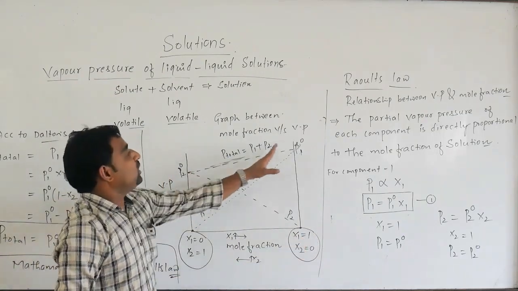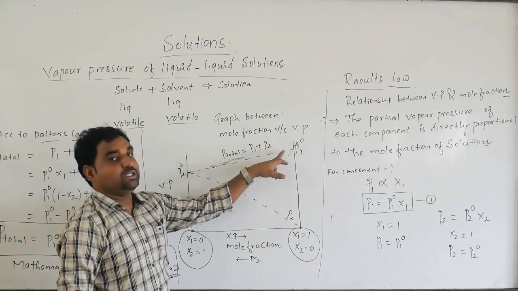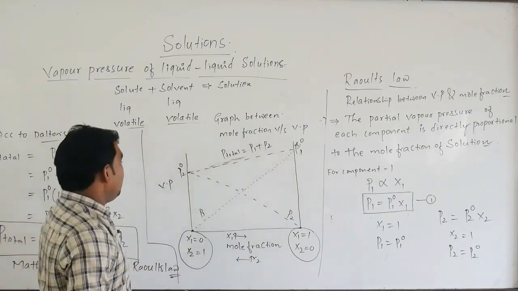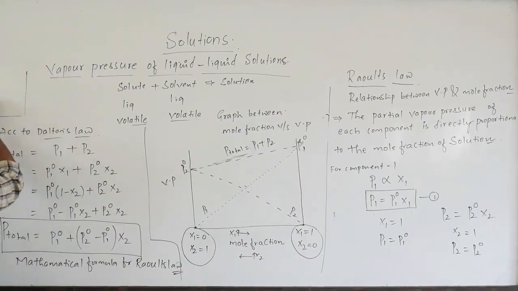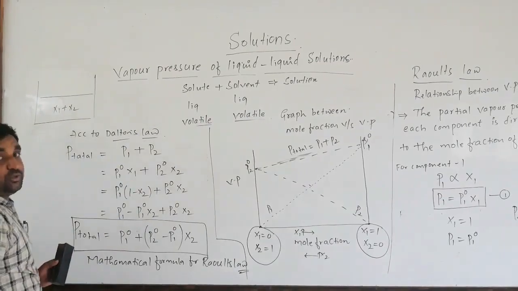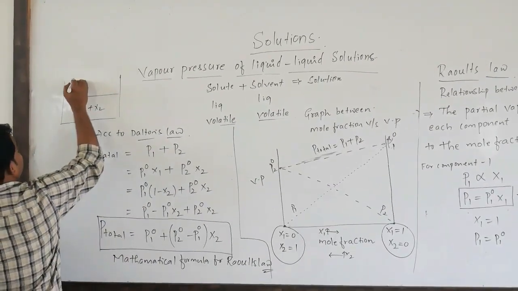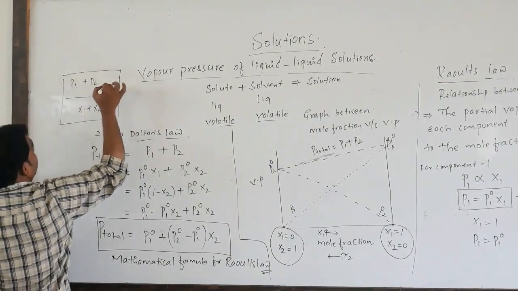So if you want the total vapor pressure of the solution, P total is equal to P1 plus P2. And one more point to remember: we have taken a solution containing two volatile liquids, where x1 and x2 are the mole fractions of the two components, and P1 and P2 are the partial vapor pressures of the two components.